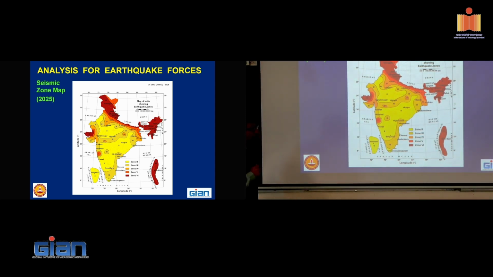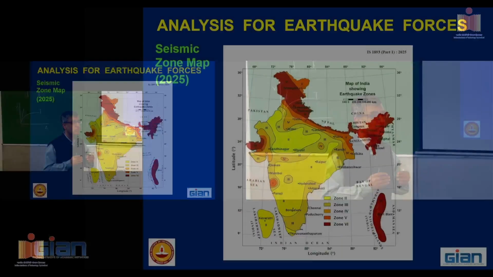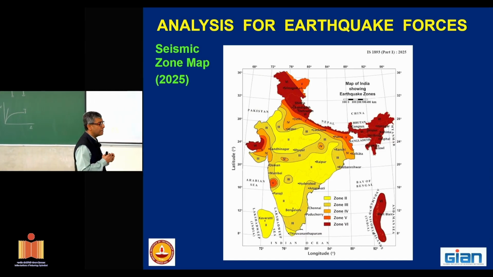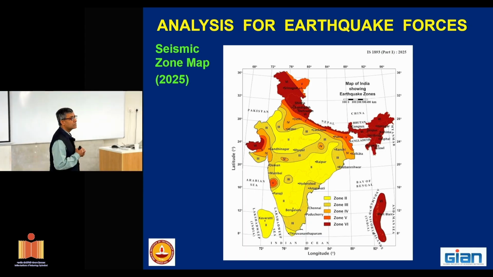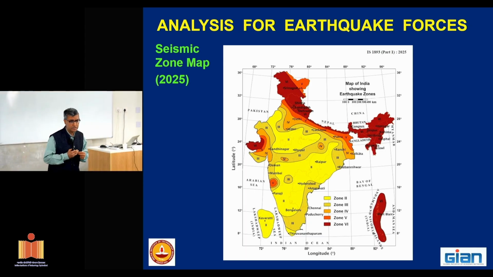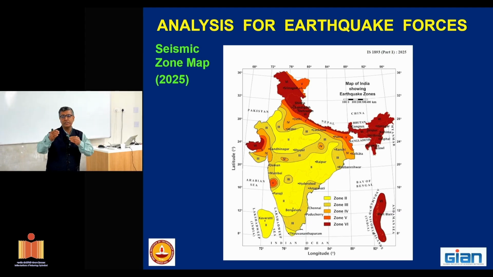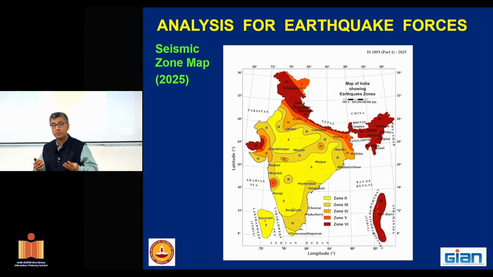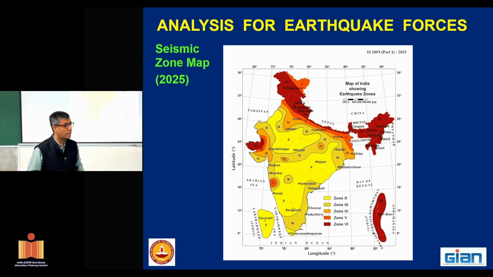But there is another important thing brought out in this code: you now have to select appropriate return periods of the earthquake. Till the previous code, our return period was considered to be 475 years, which is related to a certain probability of occurrence within the 50-year life of a building. But now for important buildings, when I was coming from the airport to here, there were so many huge buildings in Hyderabad.